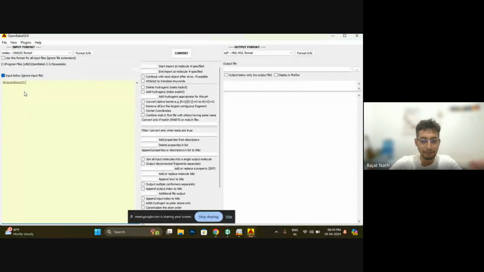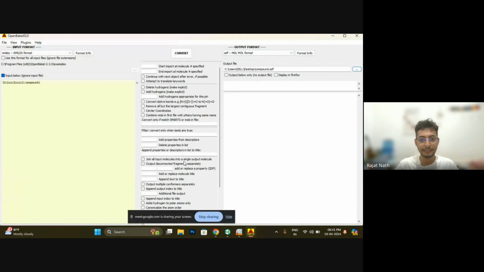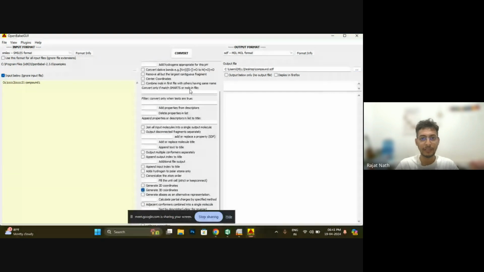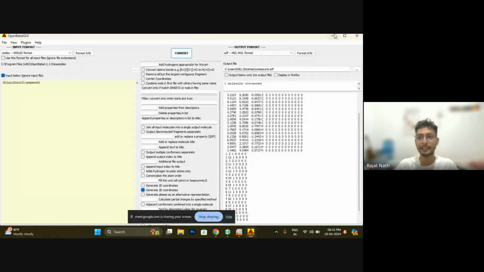I don't know the name of this structure, so I'm writing just compound1. On the left-hand side, select the output format. I am selecting SDF, and below the output format I will select the path where the structure will be saved and give a name. Then click Generate 3D coordinates and then Convert. It will convert it to SDF format.